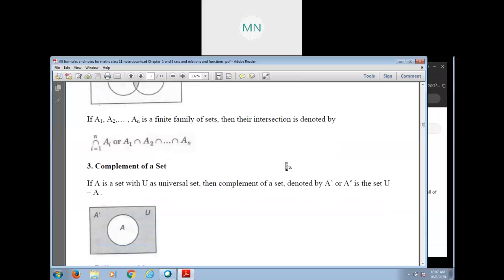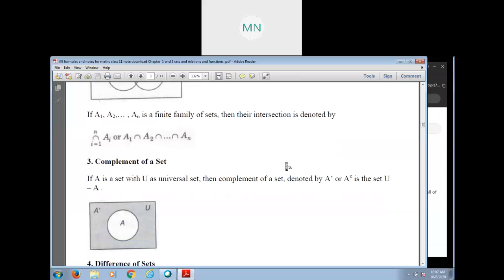Next is the complement of a set. Complement of a set is denoted by A dash or A C. It is the set which contains the elements that are in U but not in A. Suppose U is a universal set and A is a set.